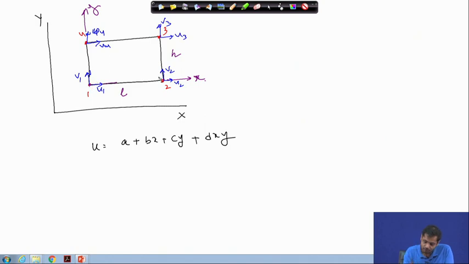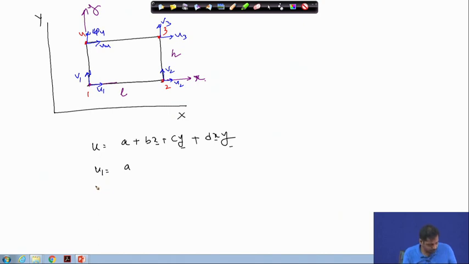So, this is u. What information do we have? We have the nodal values at the 4 nodes. The expression is written in terms of the local coordinates small x and small y. At node number 1, the coordinates x1, y1 will be 0, so u1 will be a.